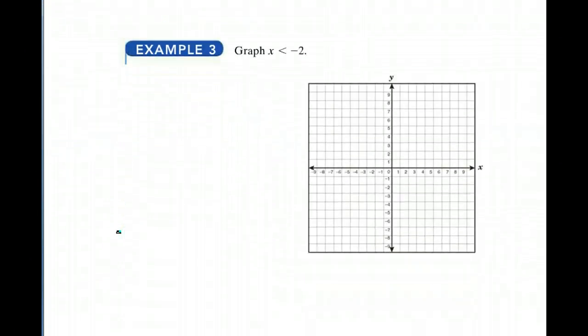We have one more example here, and this is going to be an example of an inequality that's just in one variable. However, this one is going to, if you remember, be a vertical line because it's going to cut through that x-axis.